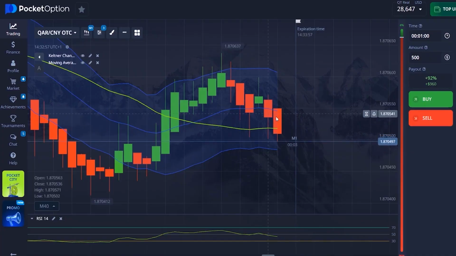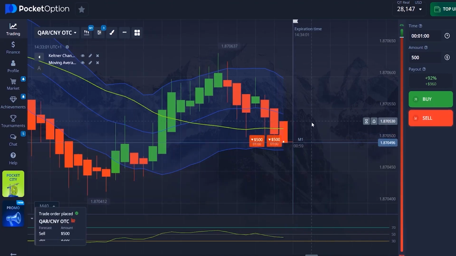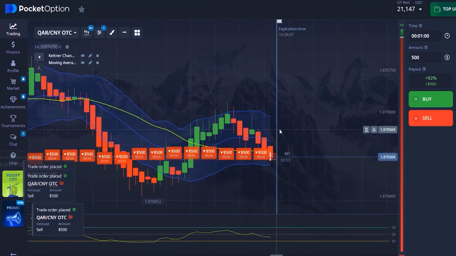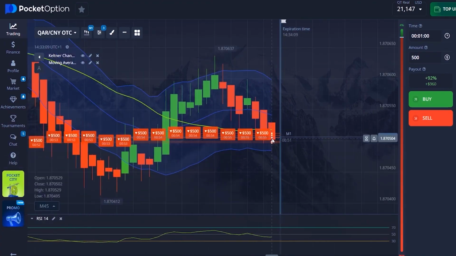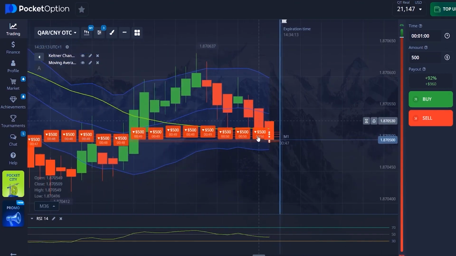So right here I'm finding an opportunity for a down position. Go for a down position right at this point. So right here I'm able to find a stable candlestick which is heading towards the downside direction, and they are pretty much stable.